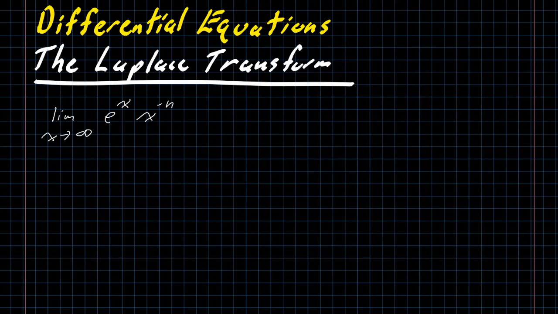E to the x, as x goes to infinity, is going to tend towards infinity. And x to the negative n, as x goes to infinity, is going to tend towards 0. So this is an indeterminate form.